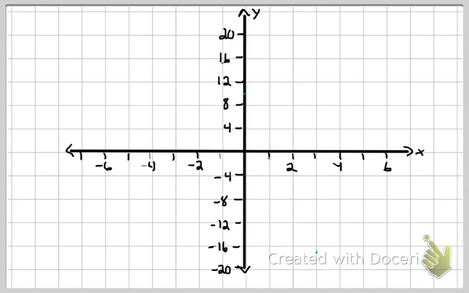So using all this information, and using the fact that it's concave down on the left-hand side of 1 and concave up on the right-hand side of 1, we can go ahead and graph.